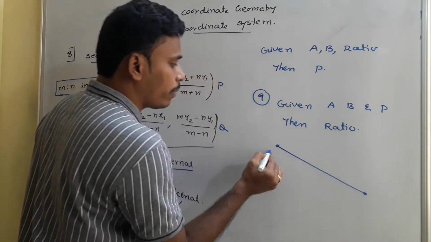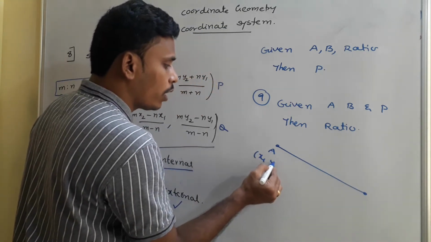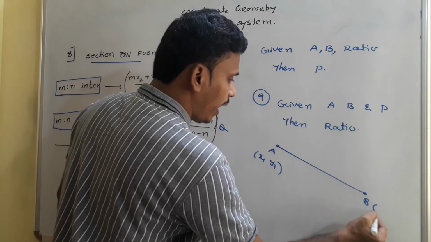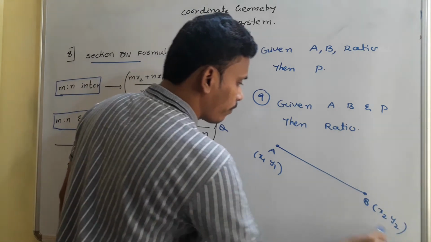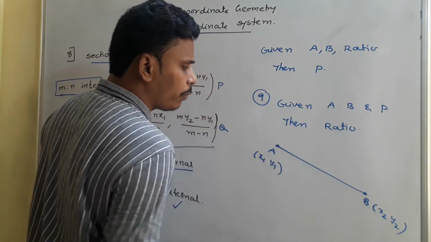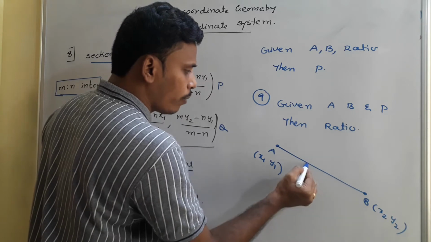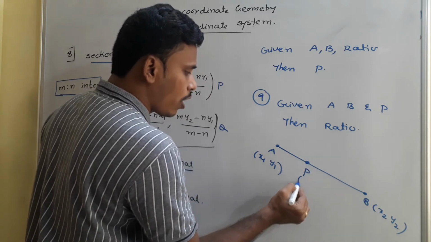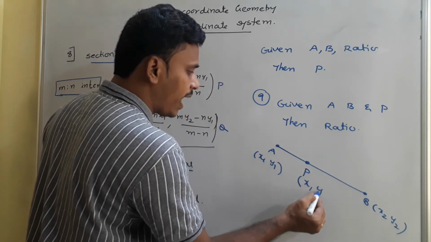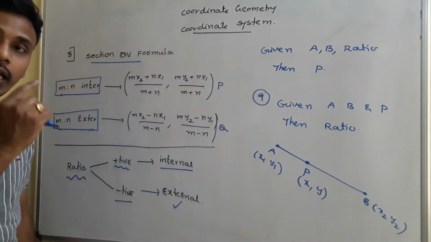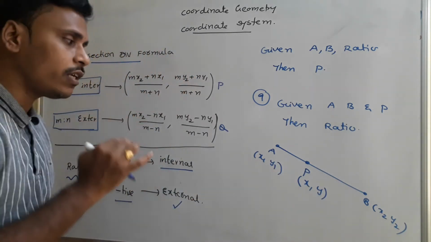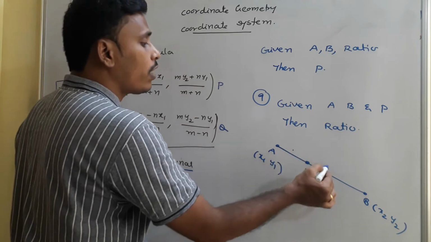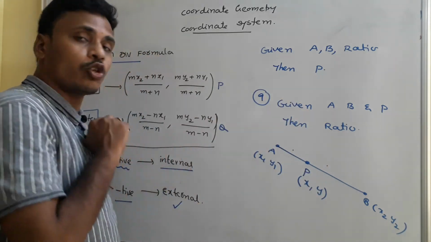If this is the line segment, A (x1, y1) is given, B (x2, y2) is given, and somewhere on AB there is a point P with coordinates (x, y). A, B and P are given, but we don't know the ratio. That ratio we need to find.